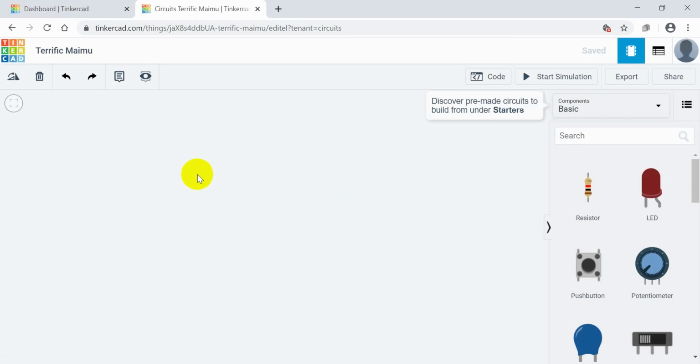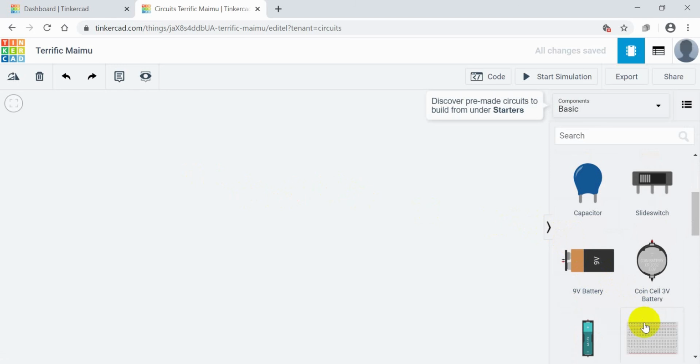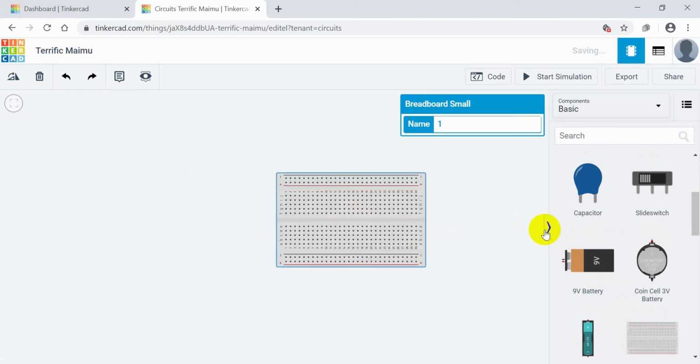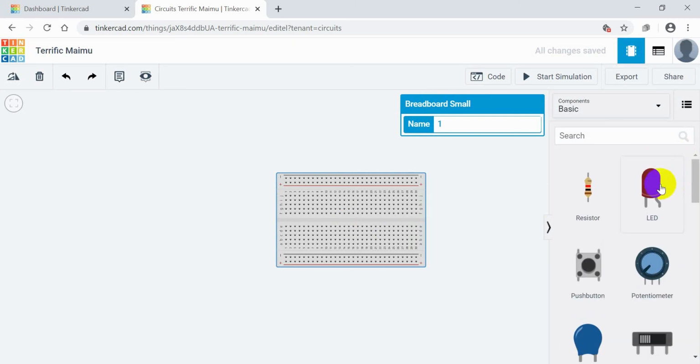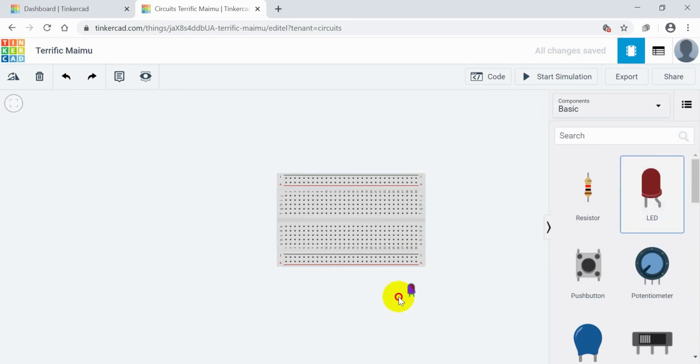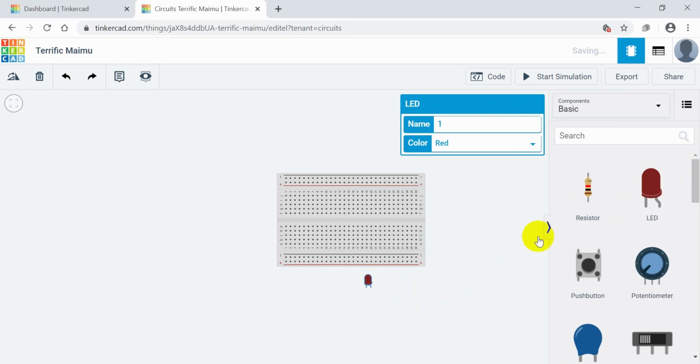Here I am going to design a small LED circuit and simulate it. So first, breadboard, next LED, light emitting diode. This I am taking.